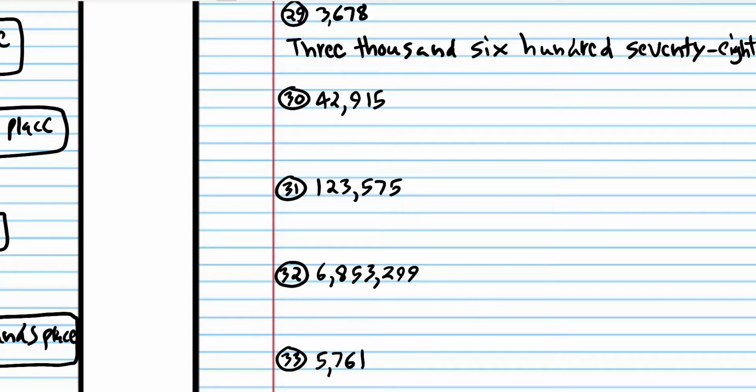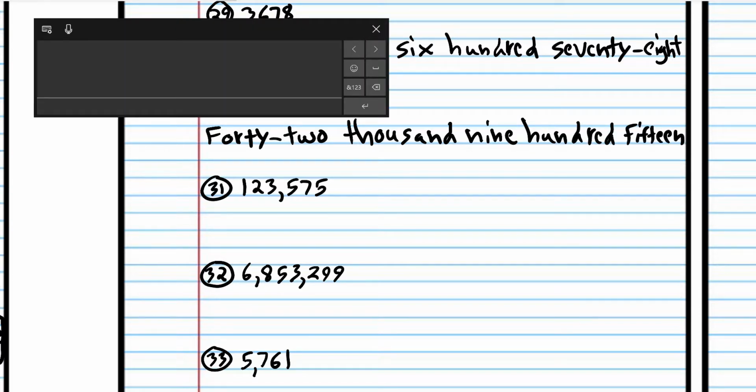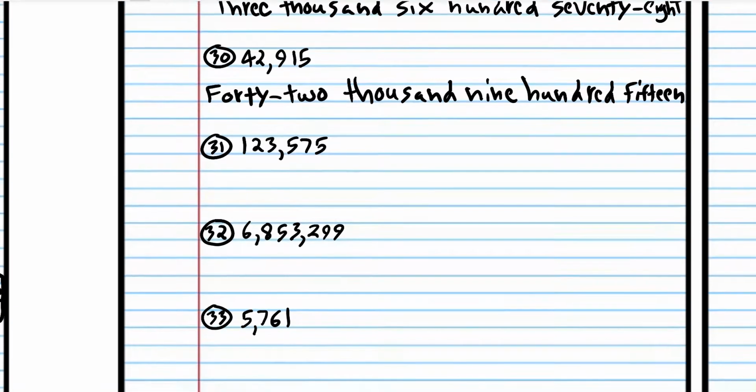So it's 42, and again, it's a 2-digit number, so you need a hyphen. 42,000, the comma tells us to say the name of the period preceding it, which is the thousands period. 42,915. I really don't know why that box keeps coming up. It's starting to get really annoying. Don't worry, I'll figure it out later.